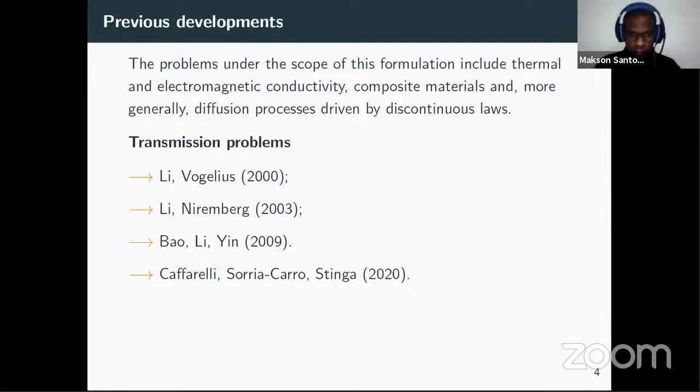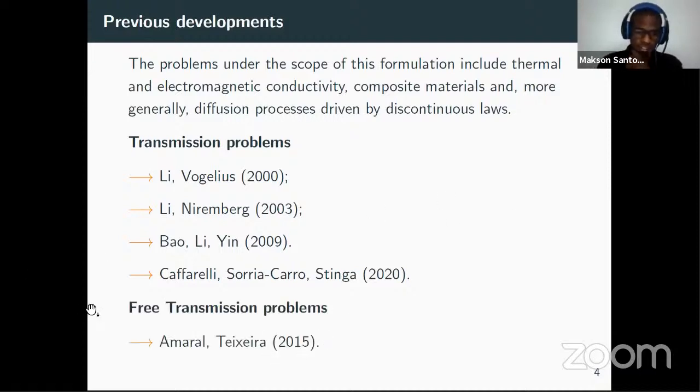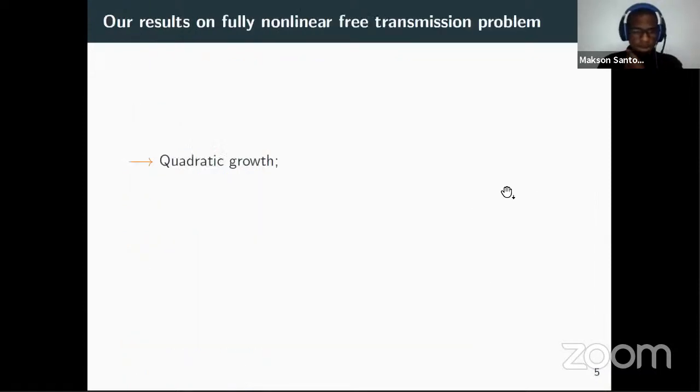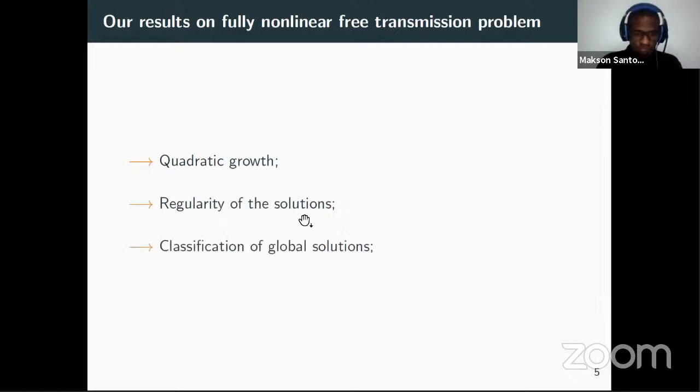But when I drop this condition, we have what we call the free transmission problems, as in the works by Amaral and Teixeira, and more recently Shahgholian and Stinga. Our results for fully nonlinear transmission problems include quadratic growth, regularity of the solutions, and classification of the global solutions, right?